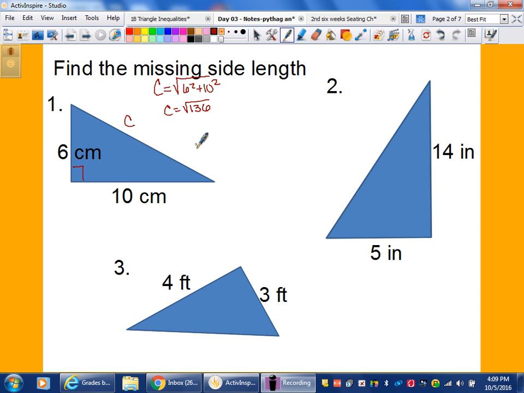Now, 136 is not a perfect square. If I were to put it in the calculator, I would find out that it is not a perfect square. So I need to simplify this radical. I do not want decimals on this particular unit. We don't want decimals, we want simplified radicals.